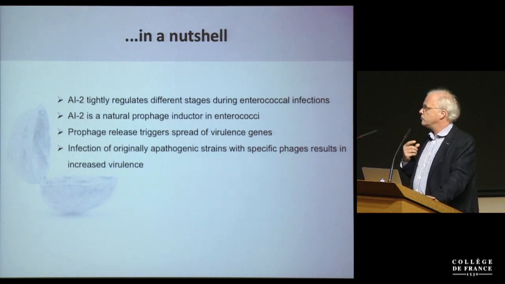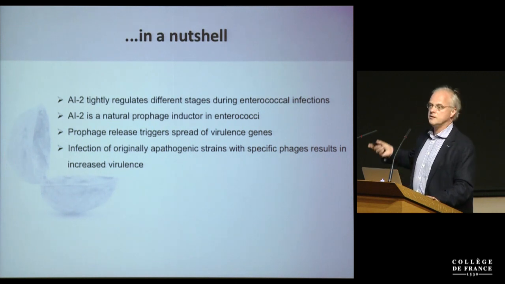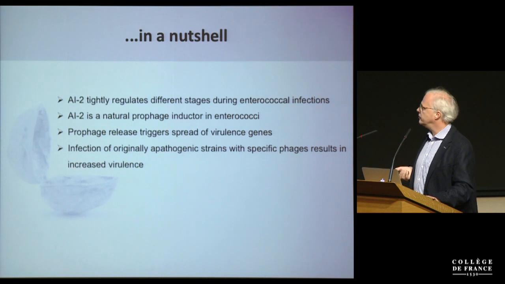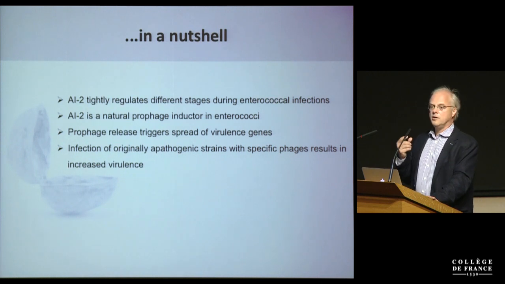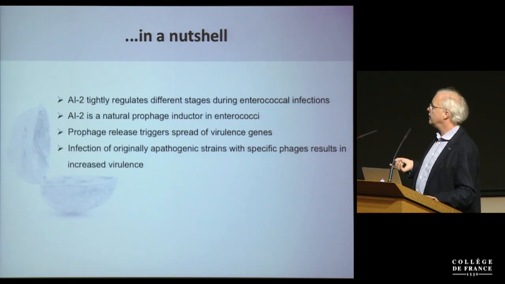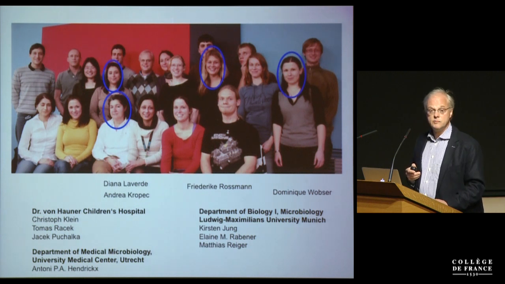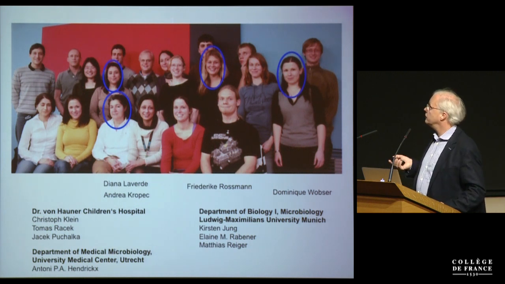Prophage release triggers the spread of virulence genes, as I've shown you with the animal experiments where the phages contributed to virulence. This is where I think it's clinically relevant. Infections of originally apathogenic strains in the gut with specific phages that code for virulence genes result in increased virulence in these transduced strains.